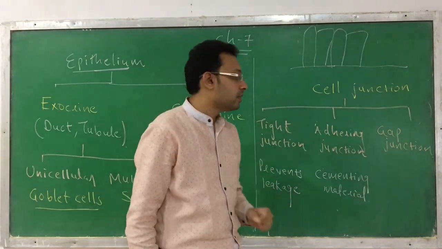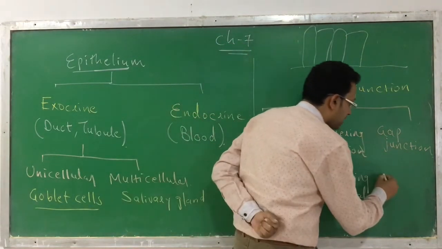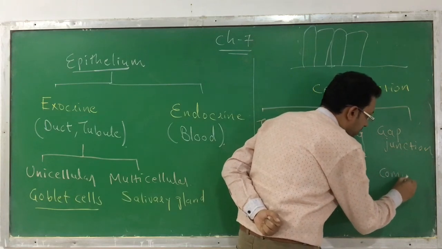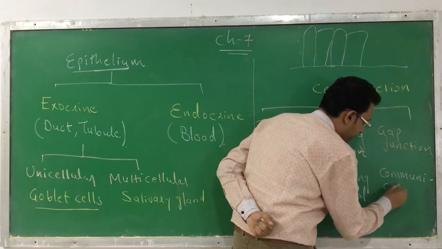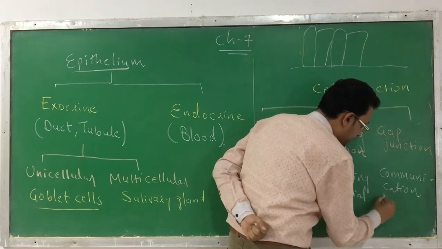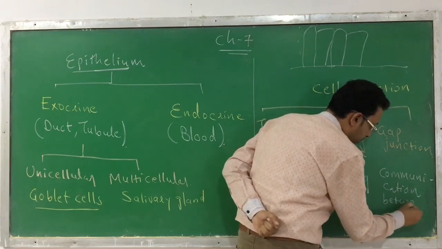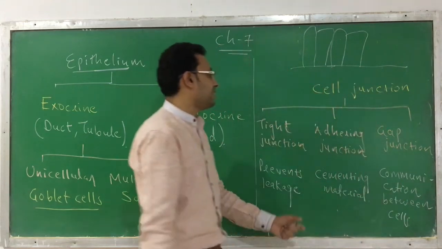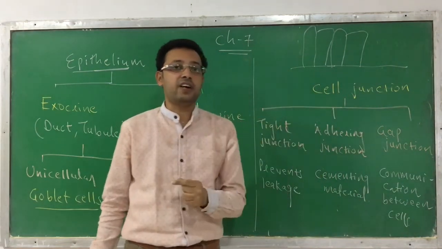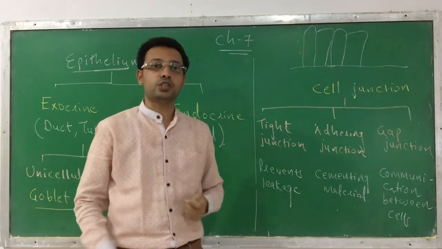It looks like a gap, and it is responsible for communication between the cells. So these are the different types of cell junctions you can find between epithelial tissue.